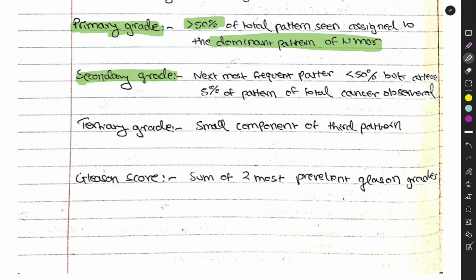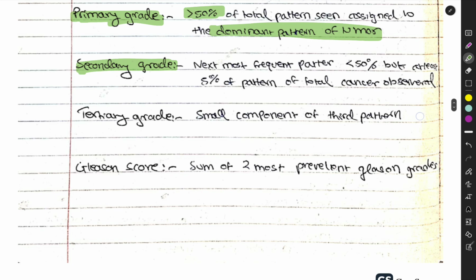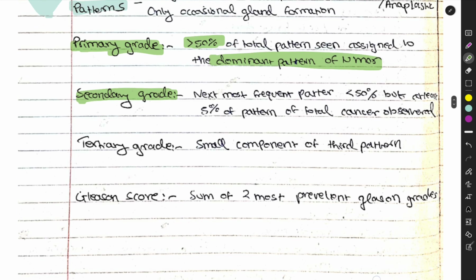A secondary grade means the next most frequent pattern is less than 50%, but at least 5% of the total cancer observed. Over here you have less than 50% of the total pattern seen as the dominant pattern of the tumor, but at least 5% of the total cancer is observed.